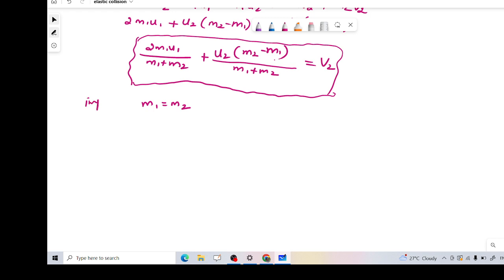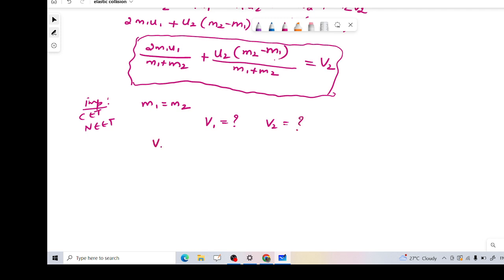So this is for the competitive part. When these two masses are equal, what will be the velocity of the v1 object and what will be the velocity of the v2 object?